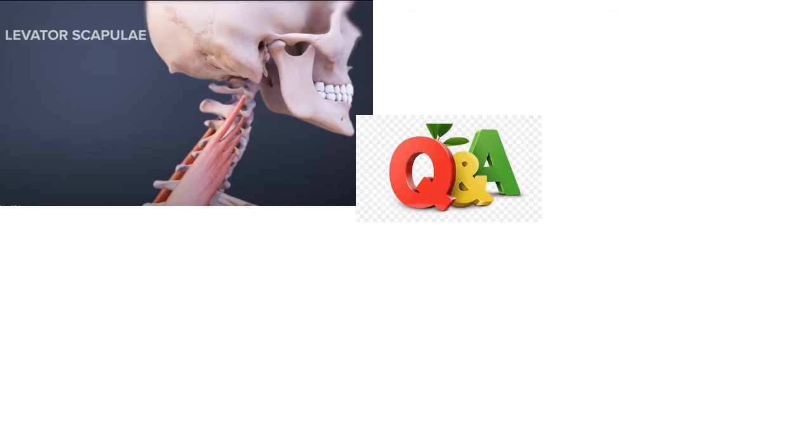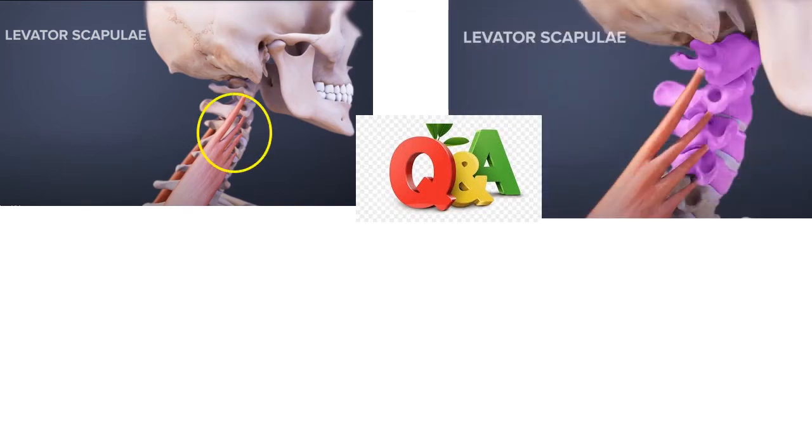Let us ask ourselves a few questions and try to answer them about this image. For example, it is showing that there is a muscle arising from transverse processes of upper cervical vertebrae. Now, in this image, which is zoomed in, we can see that there are 4 slips coming out of transverse processes of cervical vertebrae.